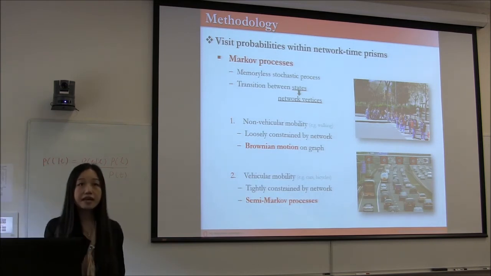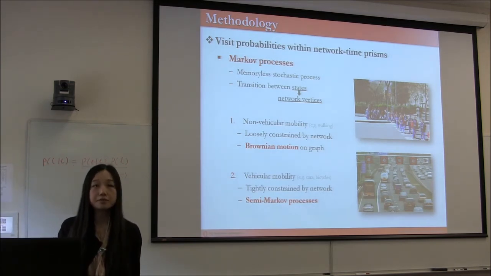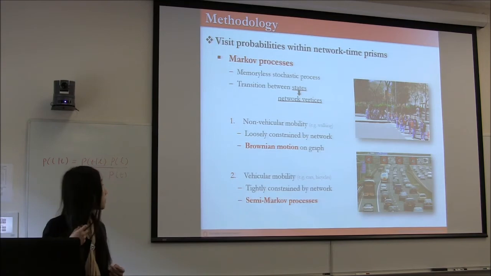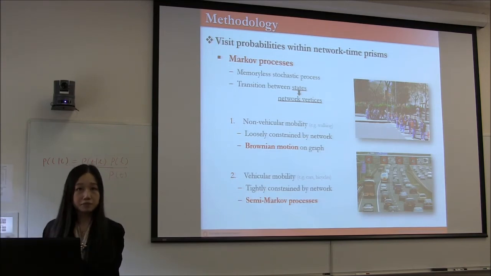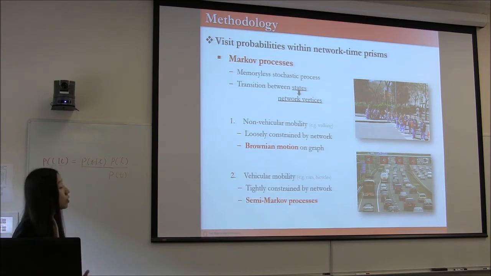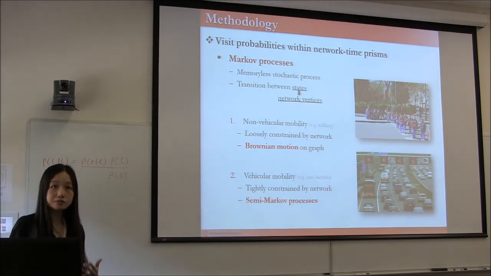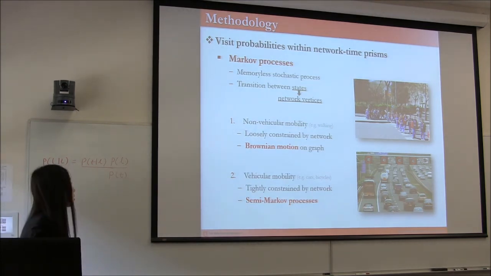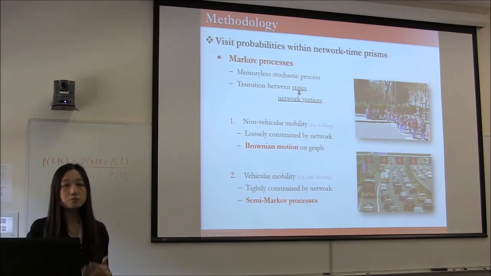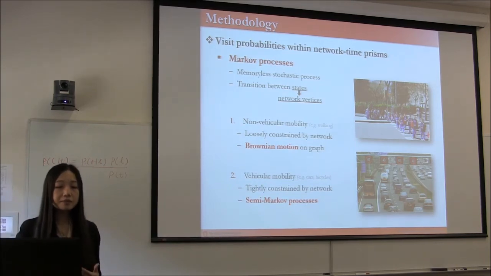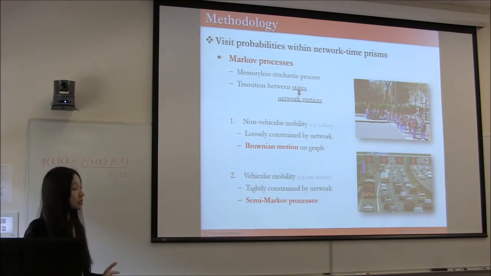Okay, so that is for the planar space-time prism. Our purpose is to get the mobility-related costs like emissions and so on, so we're looking at the network time prism, which is the prism representing movement within the transportation network. In order to achieve that, the technique we use is the Markov process, which is a memoryless stochastic process.